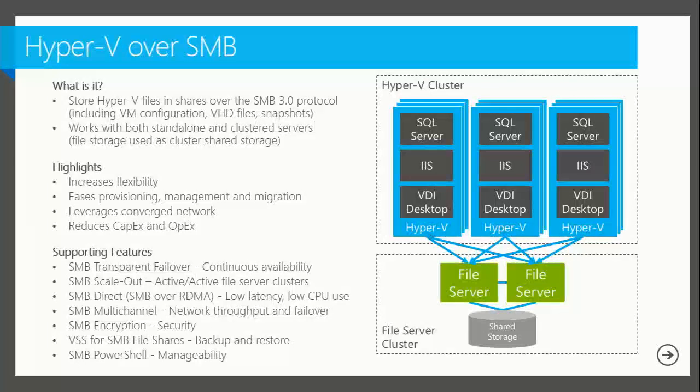You could do iSCSI storage, or you could do Fiber Channel storage. You had those three choices. If you wanted to have a clustered Hyper-V server, and who doesn't, right? You would have to use either iSCSI or Fiber Channel. In essence, you had to use a SAN, okay?